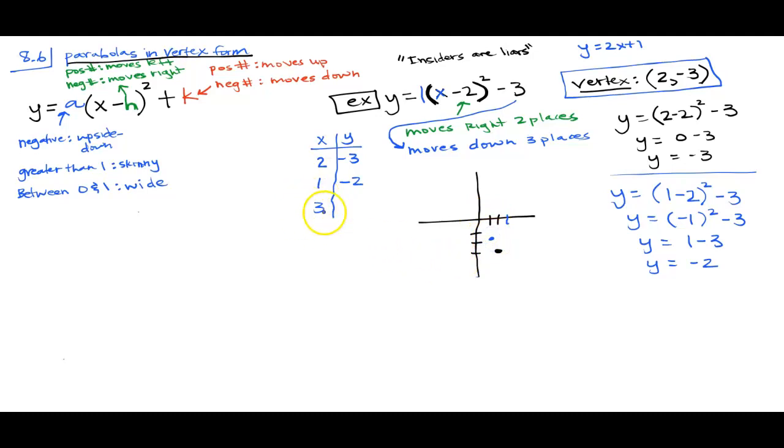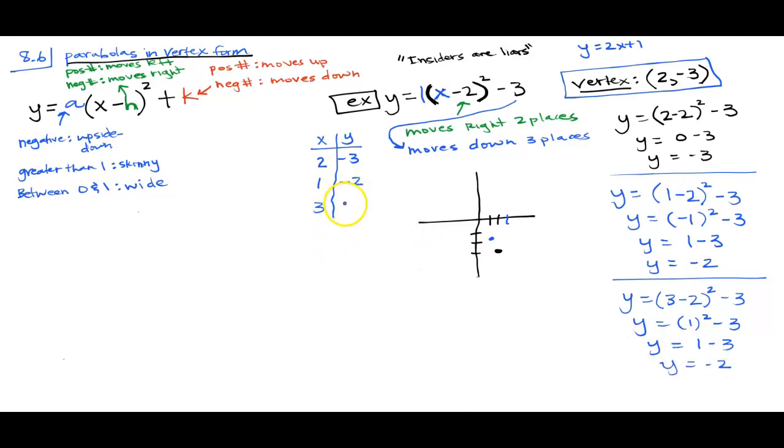Okay, and then I can do the same thing here, put 3 in there. So y equals 3 minus 2 all squared minus 3. So 3 minus 2 is 1, and then 1 squared minus 3. 1 squared is just 1, so we still get y equals -2.